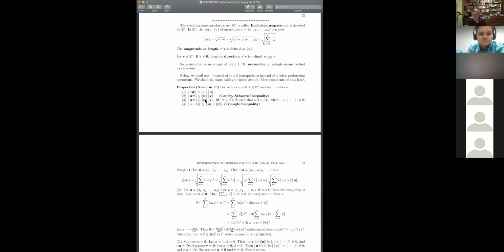When is the cosine of an angle 1? When the angle is 0. When is the angle 0? When the 2 vectors are pointing in the same direction or in opposite directions. And when 2 vectors are on the same line through the origin, one's a multiple of the other. That's what this says.